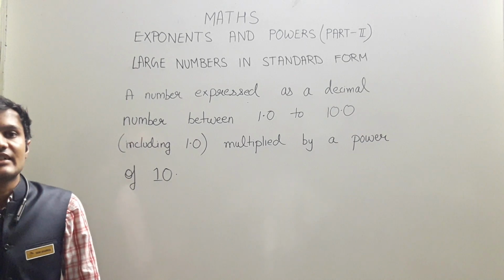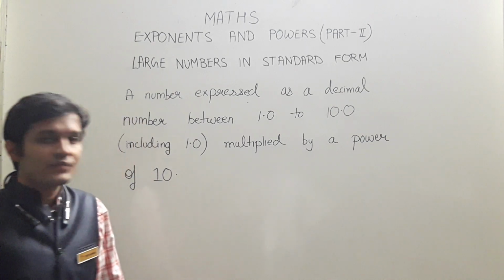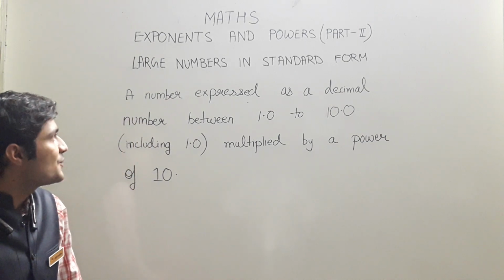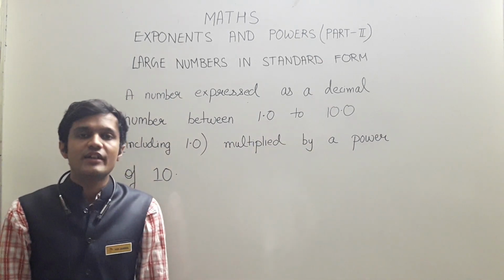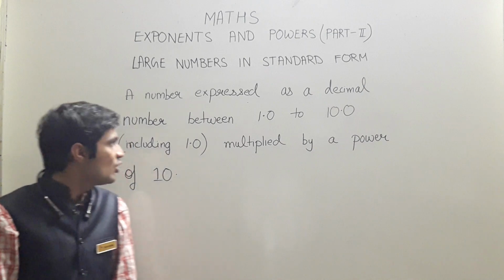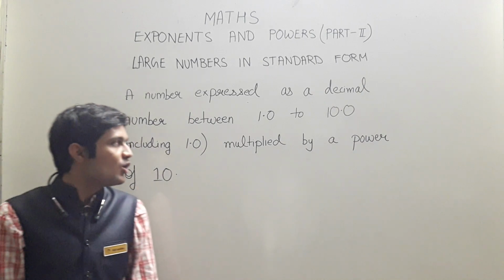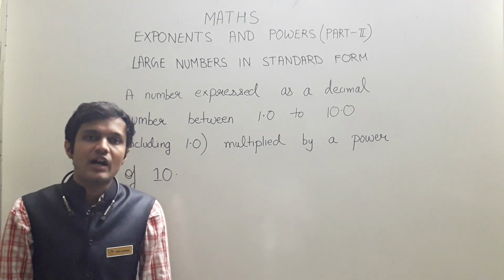Standard form is the representation of a number expressed as a decimal number between 1.0 and 10.0, including 1.0, multiplied by a power of 10.